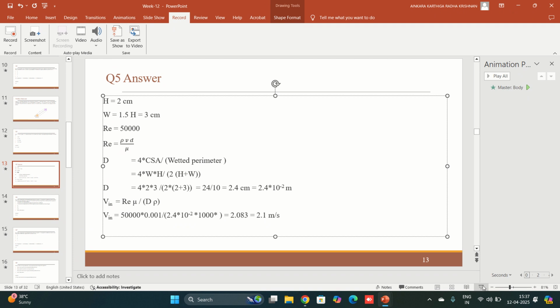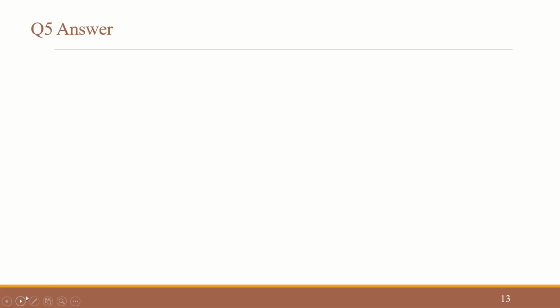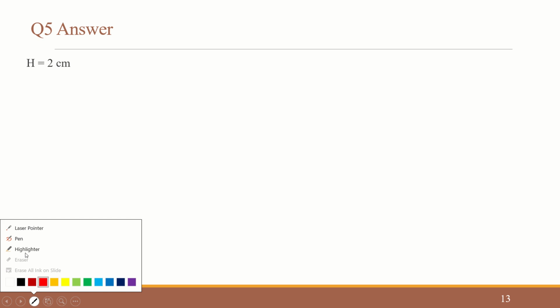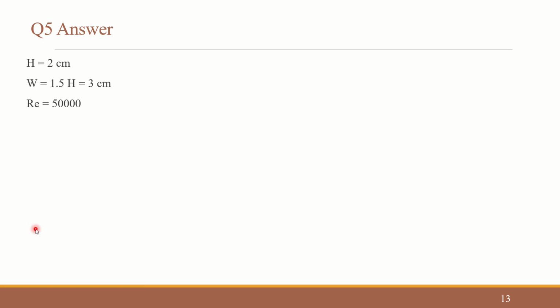Four into cross sectional area divided by wetted perimeter, and wetted perimeter is 2 times of W plus H, 2 times of A plus B. So what is the cross sectional area of a rectangle? It is A into B, and similarly perimeter is 2 times of A plus B. So similarly 4 times of W into H, that is the area of the rectangular cross section, divided by 2 times of W plus H.